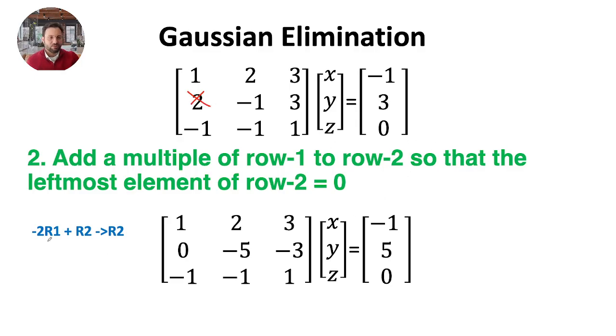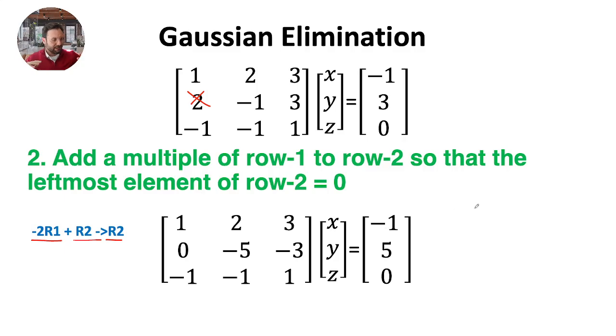And how I do it is I add negative 2 times R1 to R2, and I add it to R2. Notice how when I add negative 2 times 1, it goes here, negative 2 times 2, negative 4, plus negative 1, I get 5, and so on and so forth. And notice how I do the same thing to the other side too.